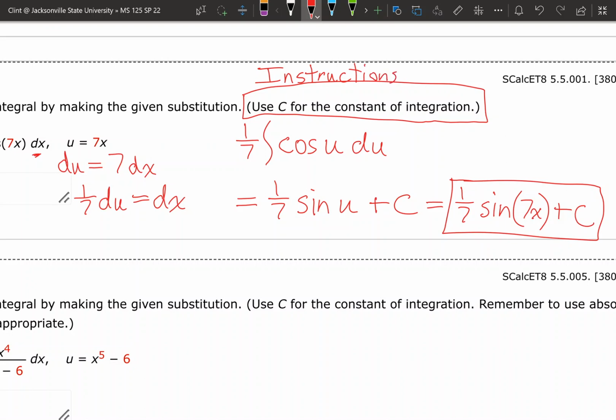And then you just got to know if you're doing indefinite, you need the plus c. Sometimes you don't see it as much nowadays, but in some textbooks you'll see plus k or some other constant they're using for the constant of integration. So it's only telling you that so that we're on the same page of what we're using to represent our constant of integration. You can call a constant anything.